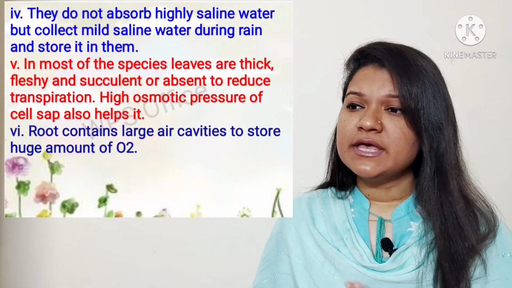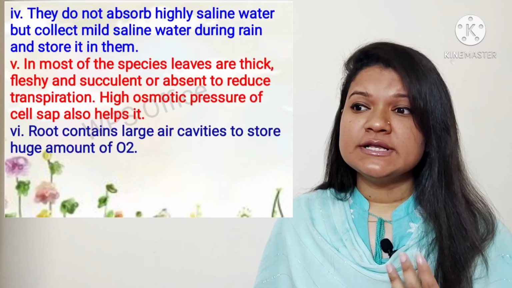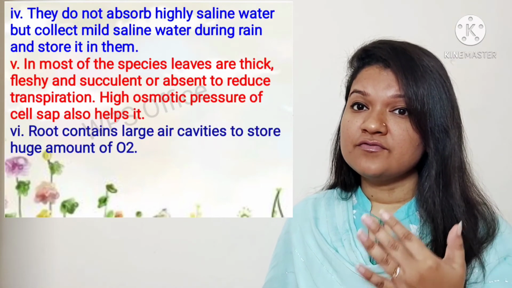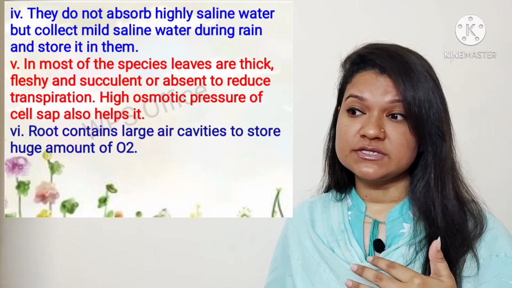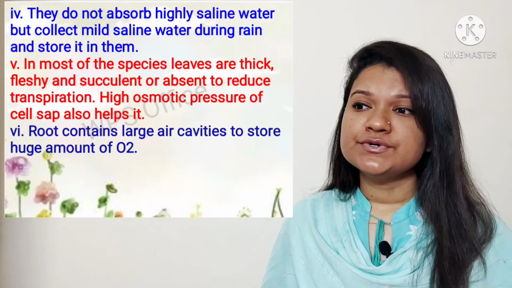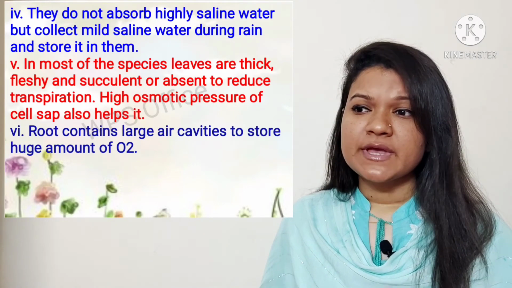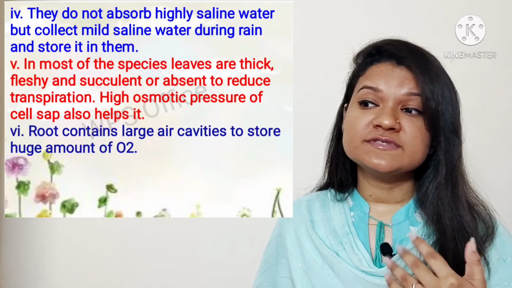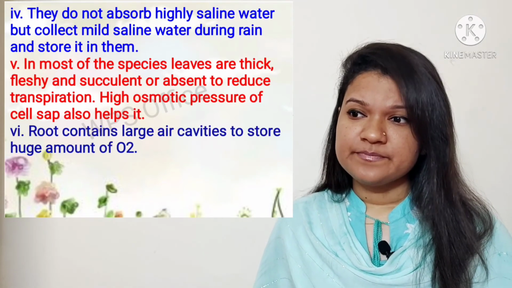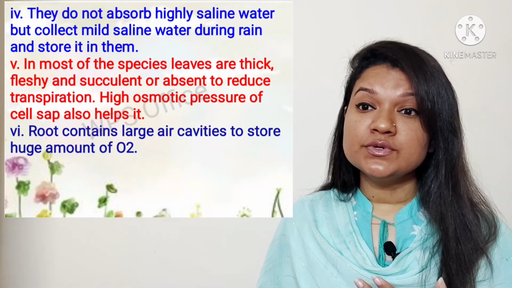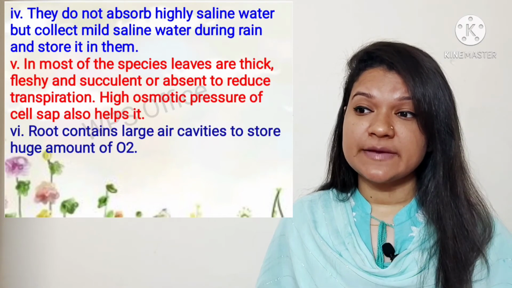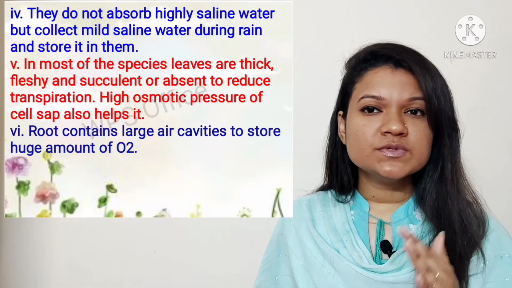Number 5. In most of the species, leaves are thick, fleshy and succulent or absent to reduce transpiration. High osmotic pressure of cell sap also helps. Number 6. Roots contain large air cavities to store a huge amount of oxygen.